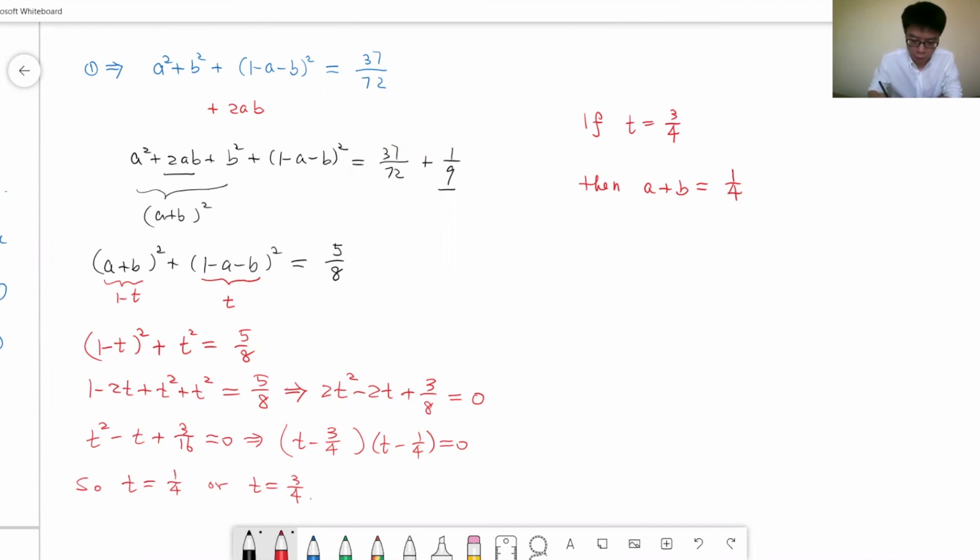So we have the following. We know that 2ab equals 1 over 9, but 2ab is less than or equal to a squared plus 2ab plus b squared, which is a plus b squared, which is 1 over 16, right?